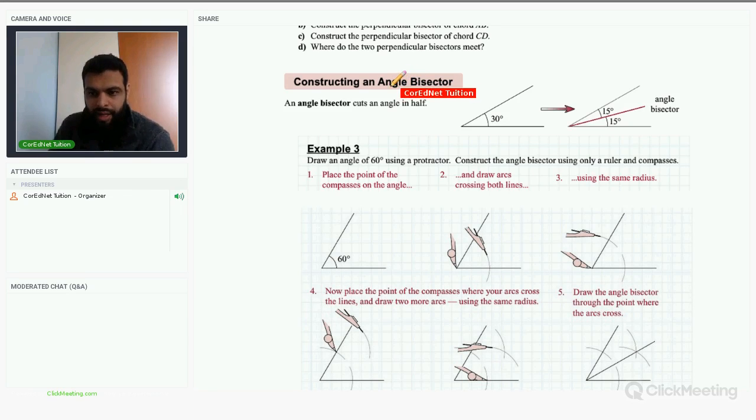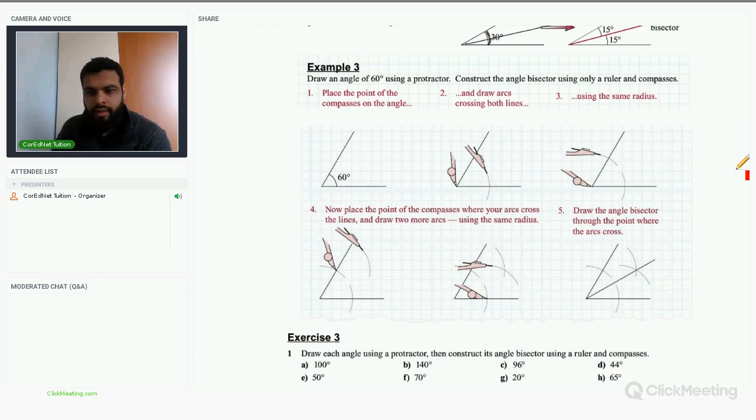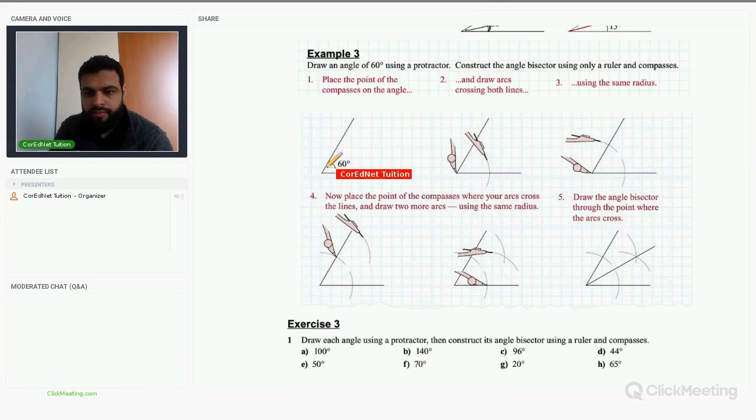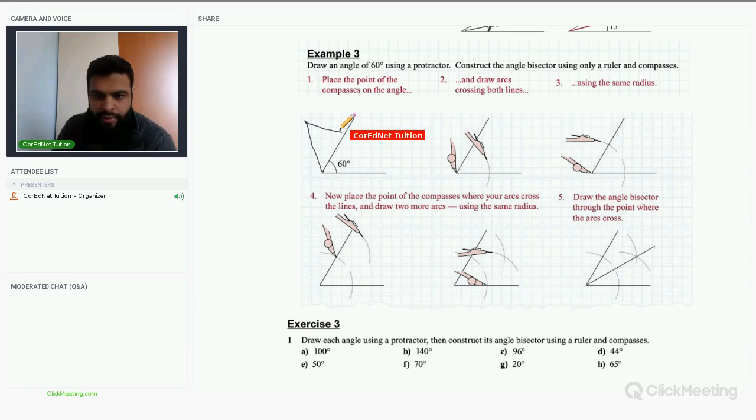Constructing an angular bisector. So the angle bisector is exactly half. So that's 30 degrees going to be cut in half. What you are going to do, very similar, is you are going to get your compass and put the sharp point there, and open the compass so it's beyond halfway, and then construct yourself an arc there and an arc there.